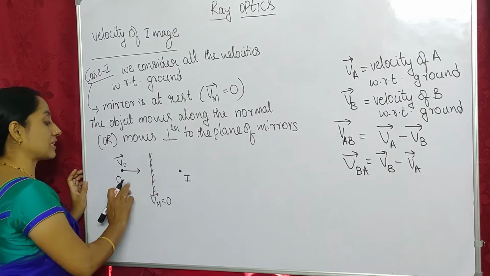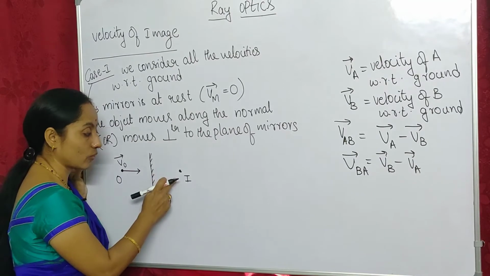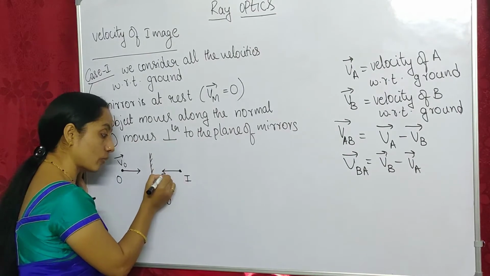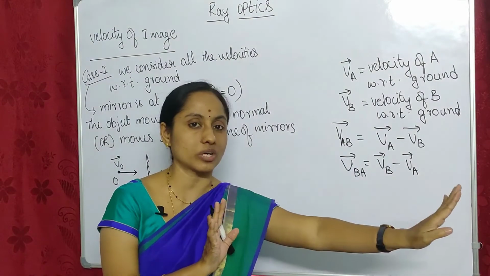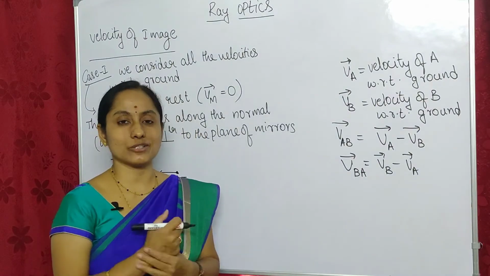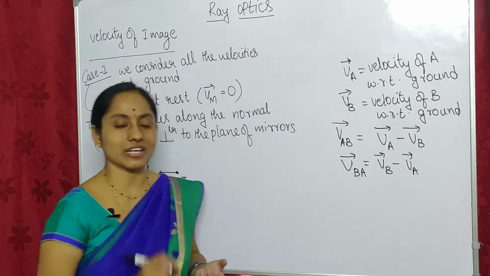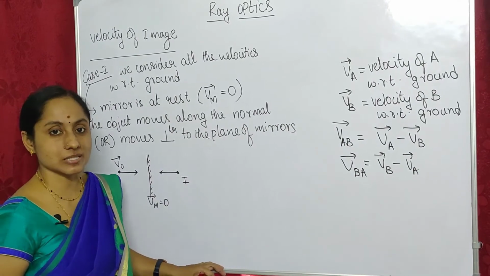Now when object is moving towards the mirror, in which direction will the image move? Image will also move towards the mirror. Image also comes towards the mirror. How do we know? We already know that object distance must be equal to image distance.